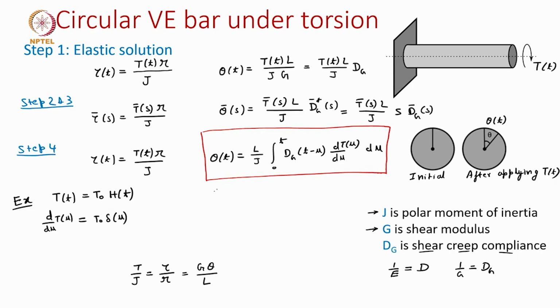So, when I substitute this into this integral equation, it should give theta as L by J times D of t minus u times the Dirac delta function delta of u times du. Okay. And again once we have this Dirac delta function times another function, we can use the shifting property of the Dirac delta function, by which we get theta of t is L by J times D of t.